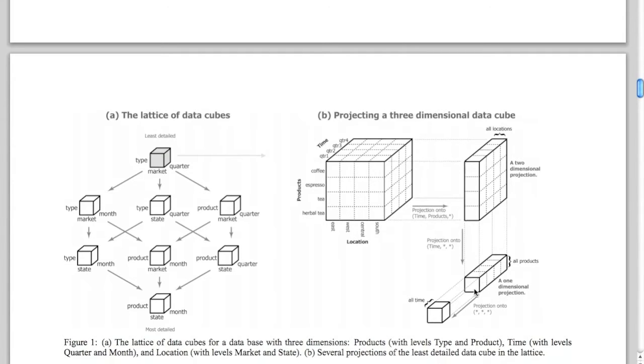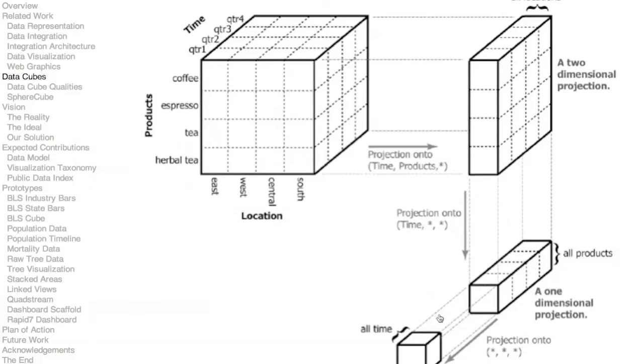And you can project it further, you can collapse the product dimension, only look at time. So this would give you maybe a timeline showing how your profit is changing per quarter. And you could project it all into one number, which is the sum of the profit for all products over all time, over all locations. So this is one example of a data cube.